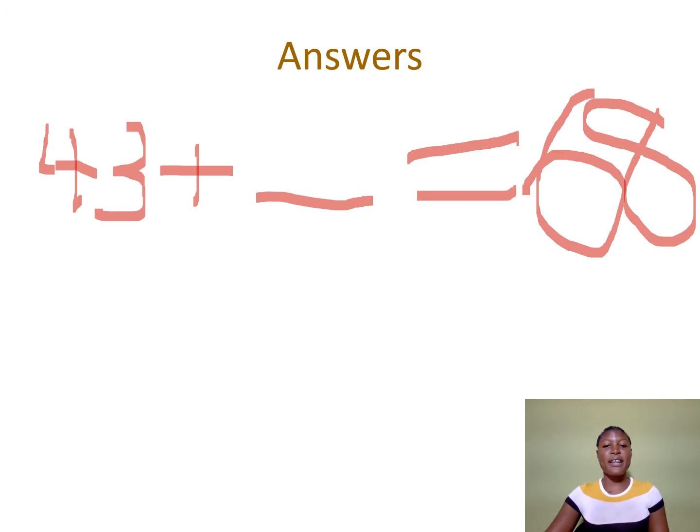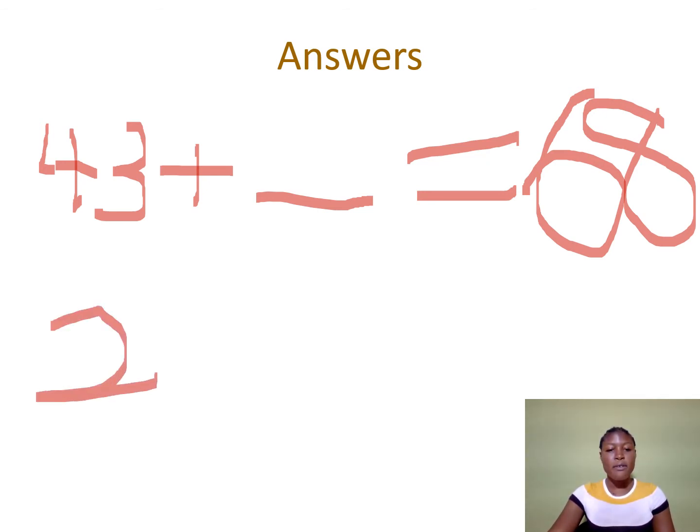And then to find the answer, you realize that the number used to add to the first number to get the sum is the missing part. So you first subtract 43 from 68 and the answer becomes 25. So when you add 25 to 43, you get 68.